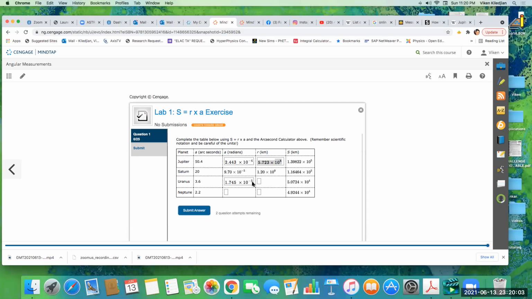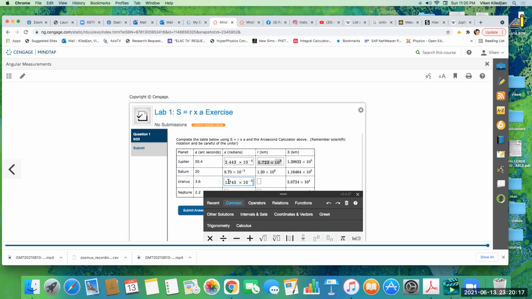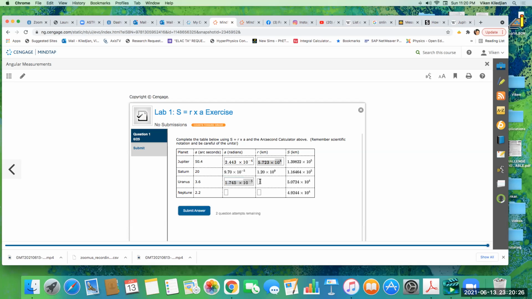So you don't have to show your work for all three of them. So let's say you chose Neptune to show your work. You would show how to convert 3.6 arc seconds to radians, right? And then you should get the same number as this. So you would convert that. Then you would show how to get this number.